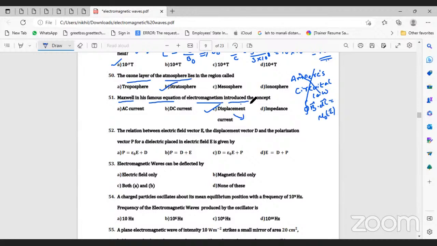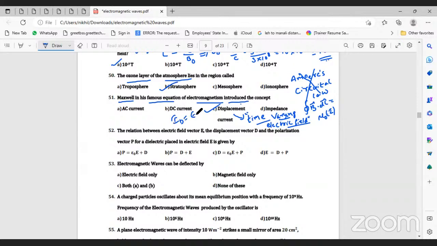According to Maxwell, the displacement current is the one that constitutes due to the time varying electric field. Due to the time varying electric field, Maxwell introduced the concept of displacement current. What's the formula for the displacement current?